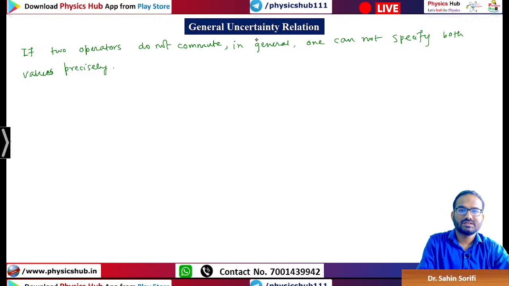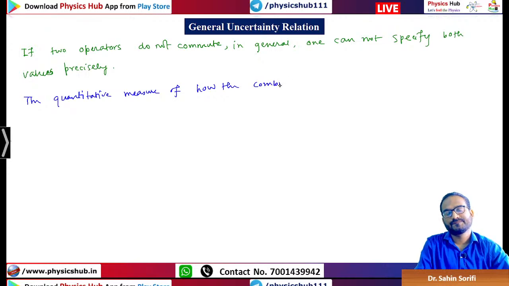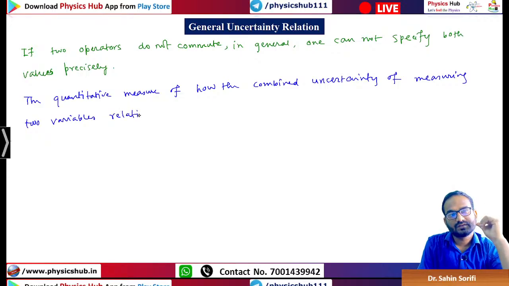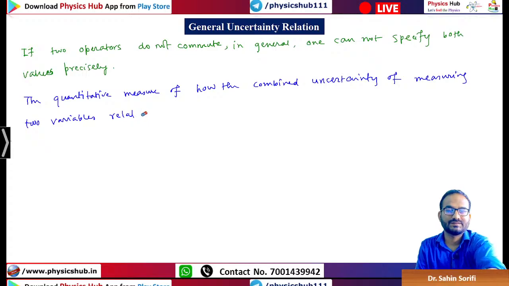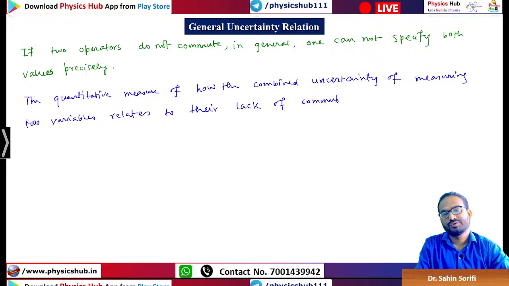Now let's talk about the general uncertainty relation in this perspective. It is the quantitative measure of how the combined uncertainty of measuring two variables relates to their lack of commutativity.